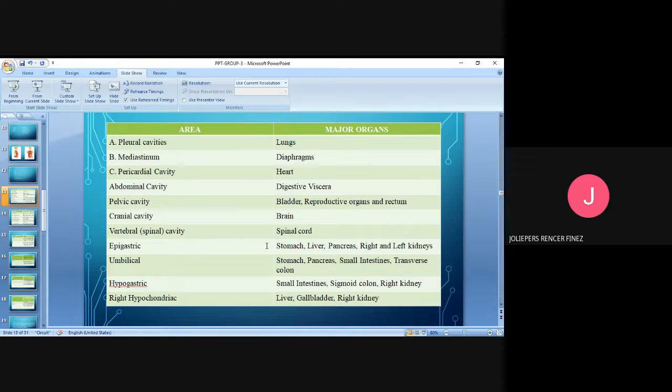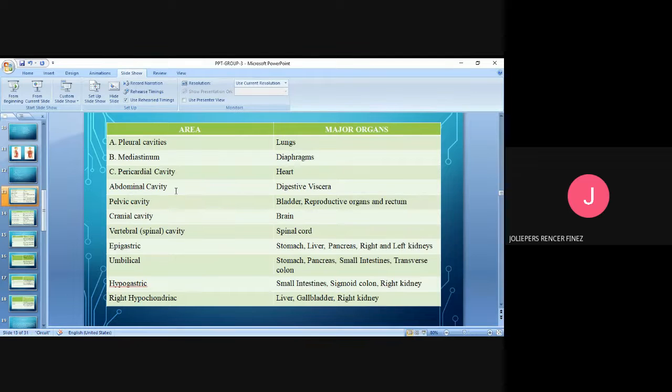The thoracic cavity is subdivided into smaller cavities. They are the pleural cavities, mediastinum and pericardial cavity, and the abdominopelvic cavity consists of the abdominal cavity and the pelvic cavity. The abdominopelvic cavity can be subdivided into 4 quadrants and 9 regions.